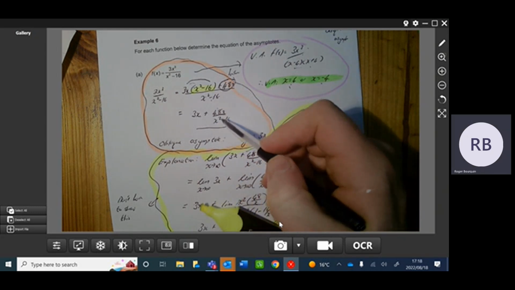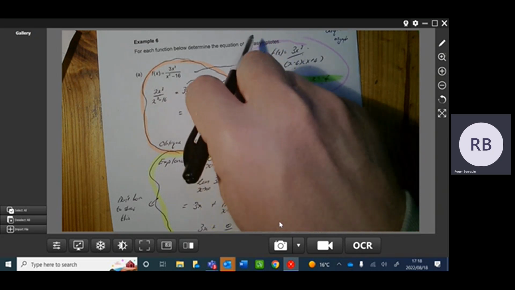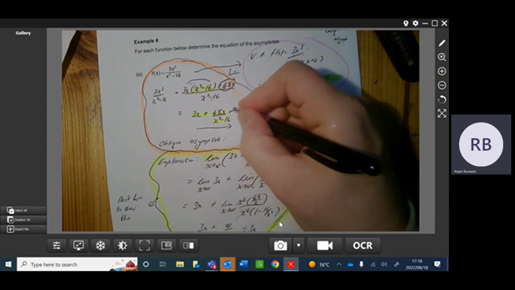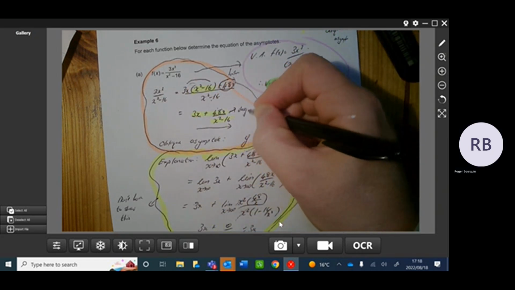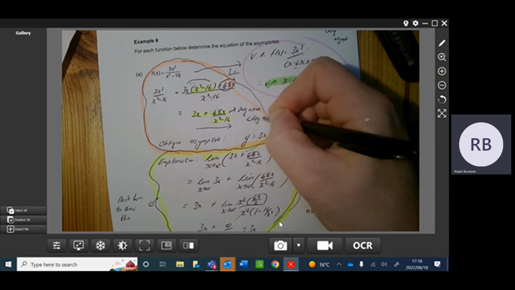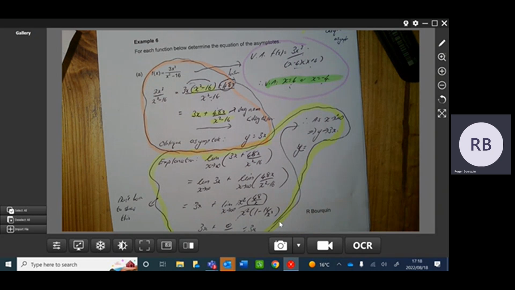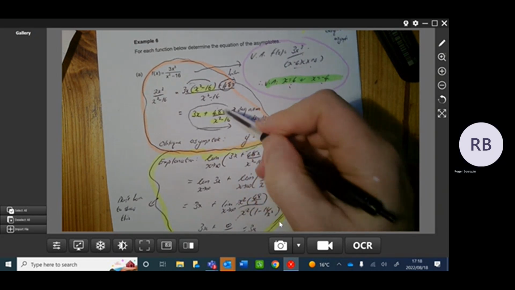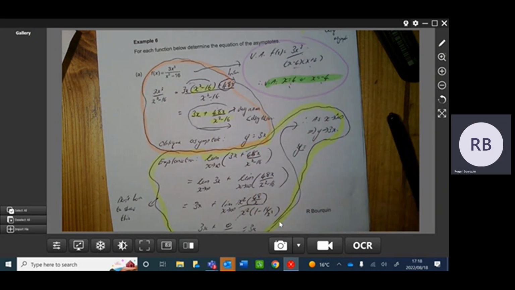You've got 3x cubed, but now you've got minus 48x, which wasn't there before, so to balance it you add 48x. Then that divided by that leaves 3x, but you've still got 48x over x squared minus 16. As soon as the degree of the numerator is less than the degree of the denominator, you can't divide anymore. That's the furthest we can go with the division.